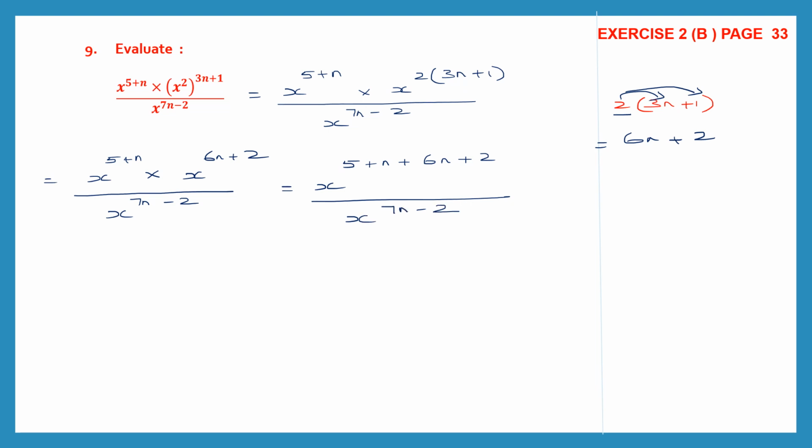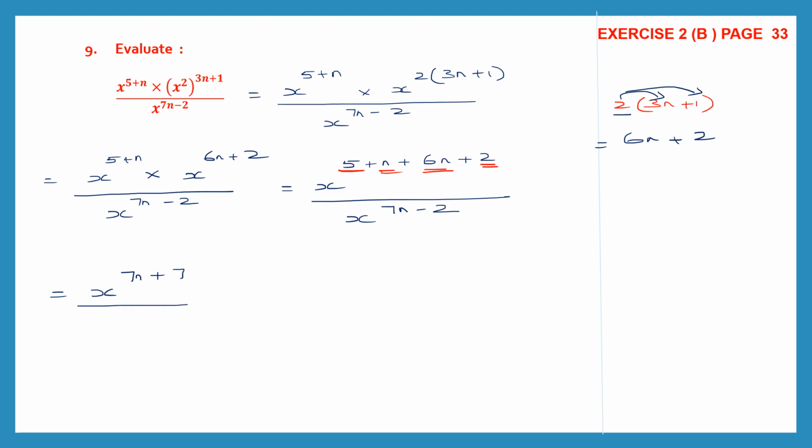So here again let's take the whole numbers. 5 plus 2 is 7, and then we have n plus 6n which is 7n. So 7 plus 7n, and we normally write the number later. So instead of writing 7 plus 7n, we can write 7n plus 7.